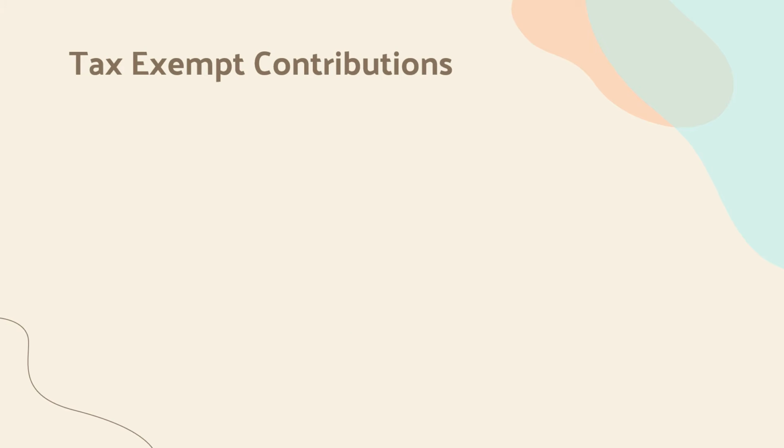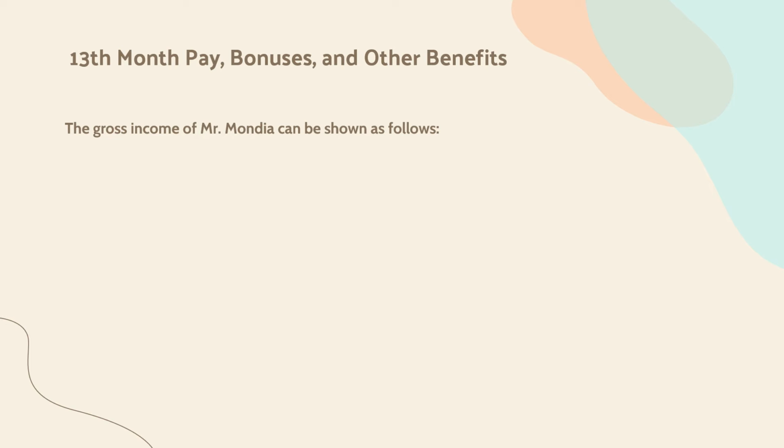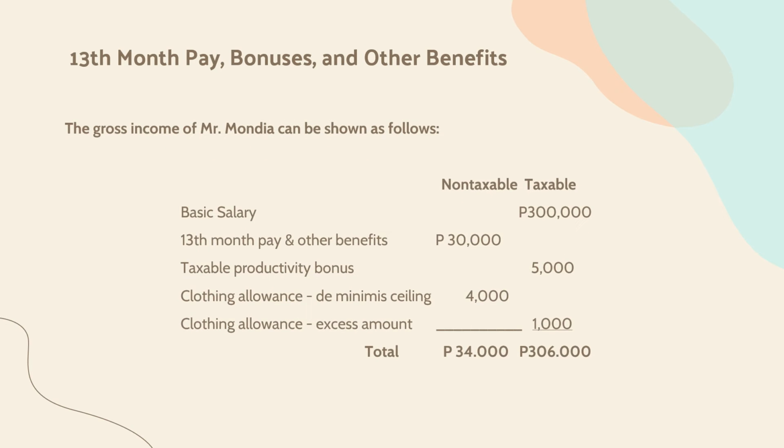The non-taxable 13th month pay and other benefits are computed as follows. 13th month pay is 25,000. Productivity bonus, 5,000. A total non-taxable 13th month pay and other benefits is 30,000. Only 5,000 of the productivity bonus is allowed to be part of non-taxable other benefits to meet the 30,000 non-taxable ceiling of 13th month pay and other benefits.